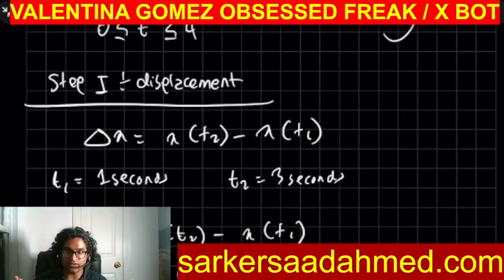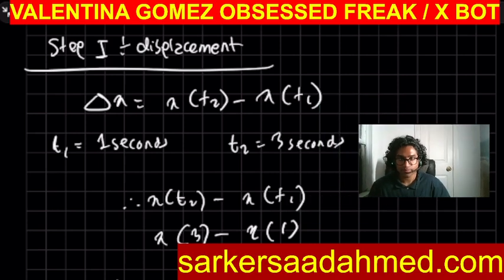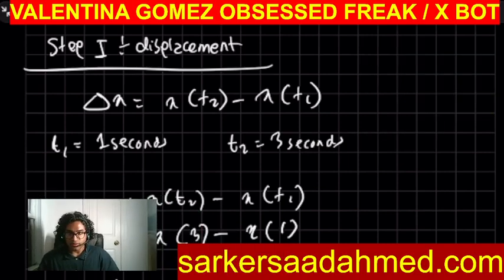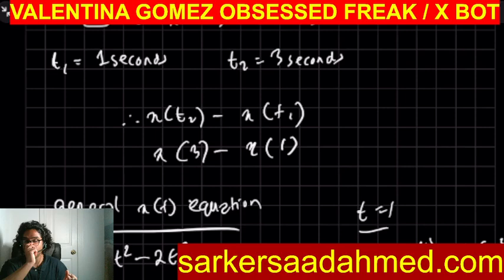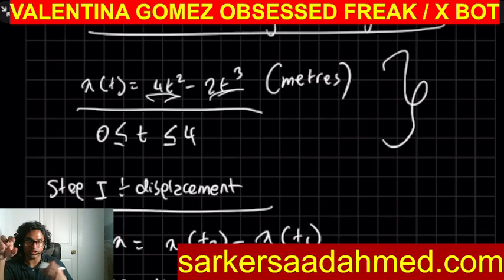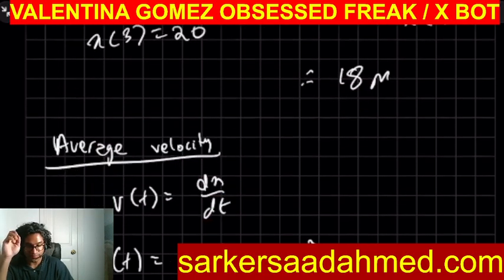To calculate the displacement between the two time steps, we presume that t2 is 3 seconds and t1 is 1 second, so we write x of 3 minus x of 1. I replace the 3 here and the 1 here, and I got 20 minus 2, which is 18.